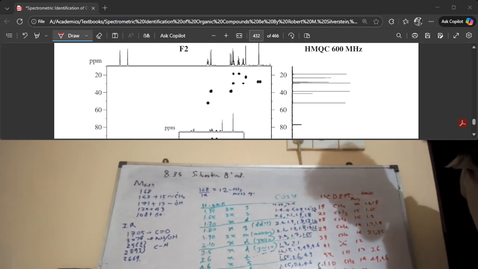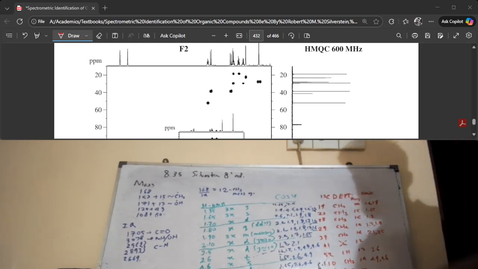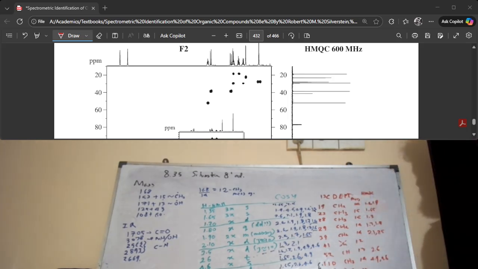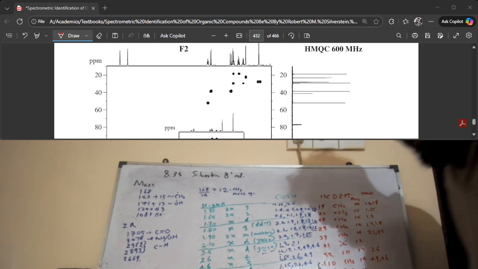I'll try to put that on the screen because there's no space here to write. The HMBC is critically important in starting to elucidate the structure, right?